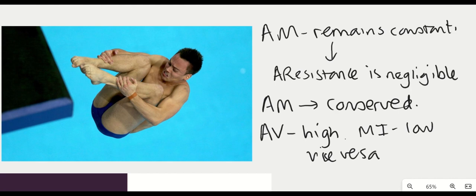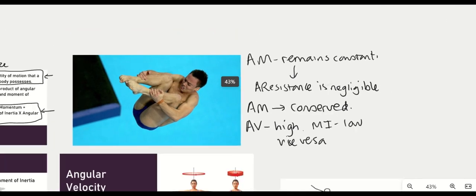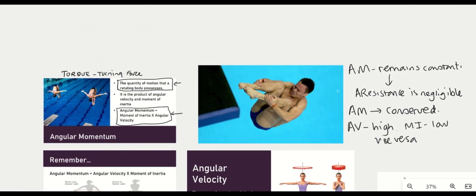Just before we move on, if you're asked a question linked to rotation and angular momentum, the key things that you're going to say are that we apply a turning force, a torque, that gives the body a quantity of turning or rotating motion. Angular momentum is made up of moment of inertia times angular velocity. Once we've started to spin, that angular momentum remains constant.